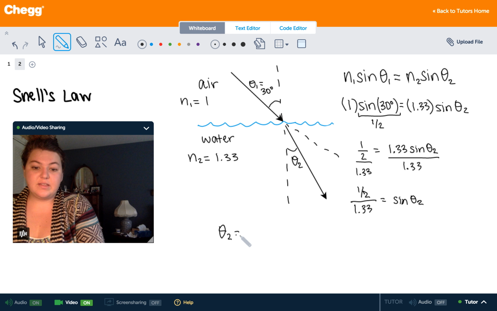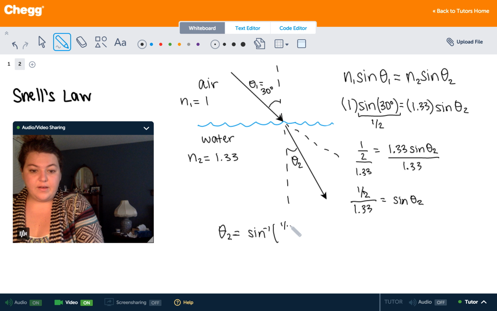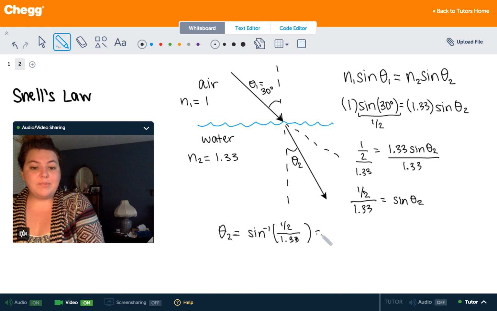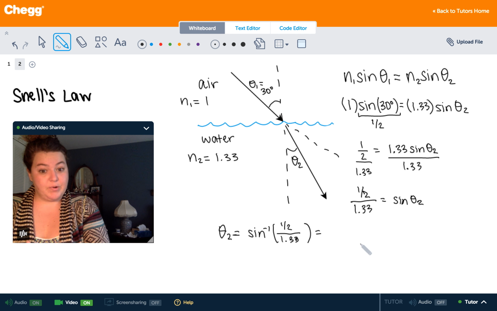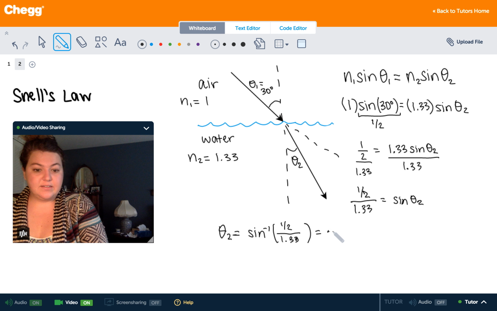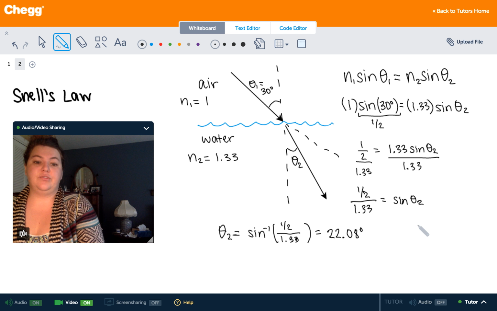So that theta 2 is the inverse sine, or the arc sine, however you prefer to say that, of 1/2 over 1.33, which, popping that into a calculator in degree mode, gives us an angle of refraction of about 22.08 degrees.